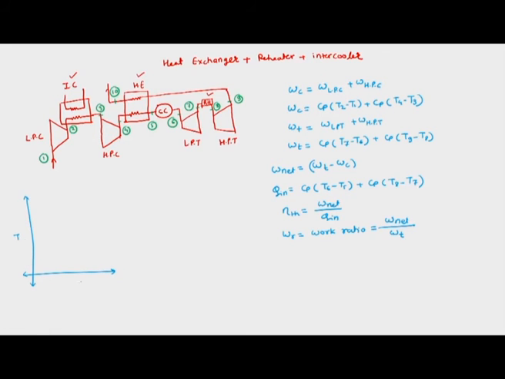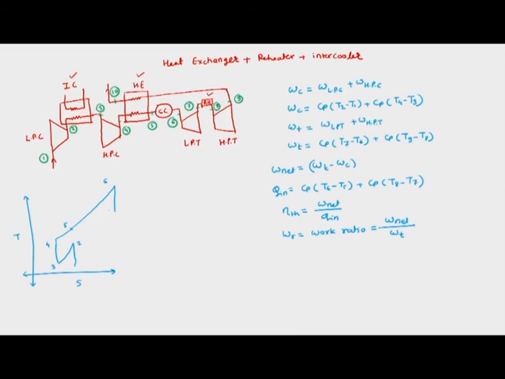On the TS diagram, process 1 to 2 is isentropic compression, then process 2 to 3 is isobaric heat rejection in the intercooler, then process 3 to 4 is isentropic compression, then we have heat addition in the heat exchanger 4 to 5, so this is point 5. Then 5 to 6 is constant pressure further heat addition in the combustion chamber, so it is 6.